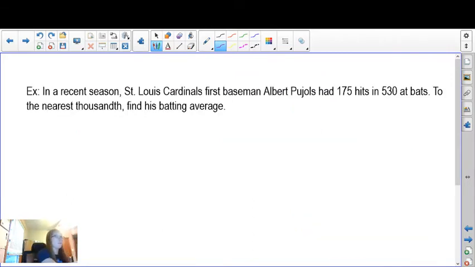All right. Word problems, yeah. In a recent season, St. Louis Cardinals first baseman Albert, I'm not even going to try that last name, has 175 hits in 530 at-bats. To the nearest thousandth, find his batting average. So we're going to be awesome, and we're going to get a calculator out.